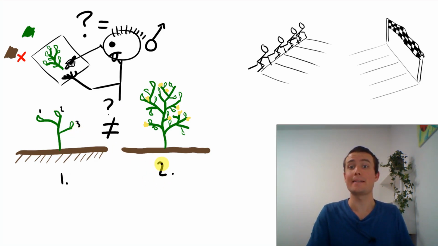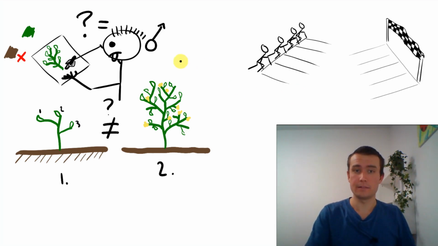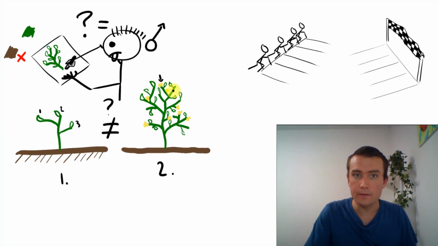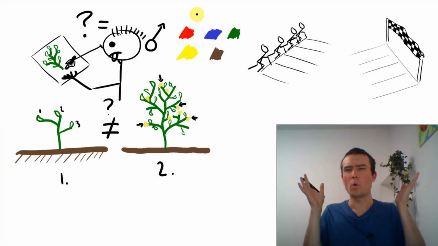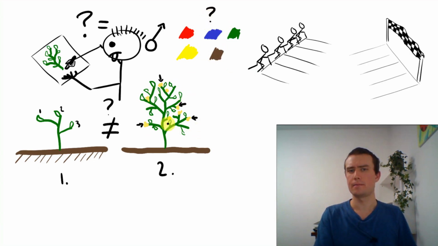The second plant has lots of leaves. The second plant also has flowers. These are flowers. Yellow flowers. What color are the flowers?